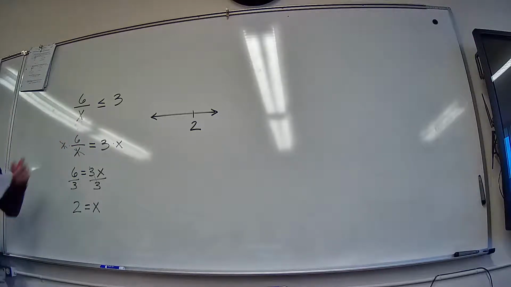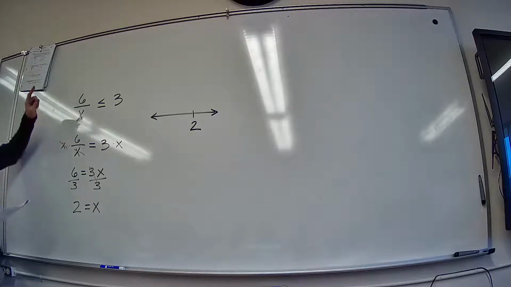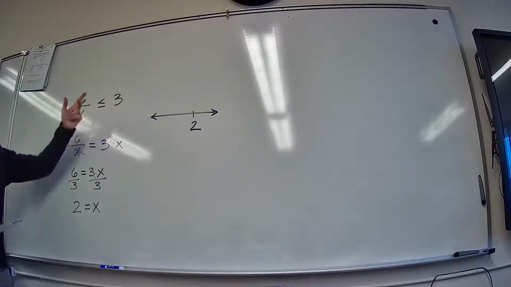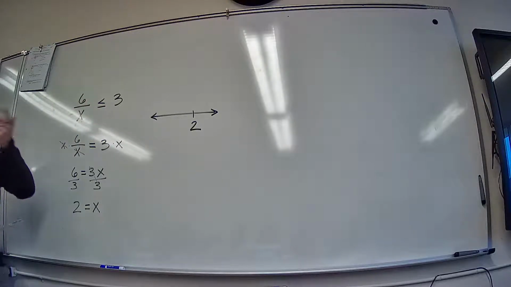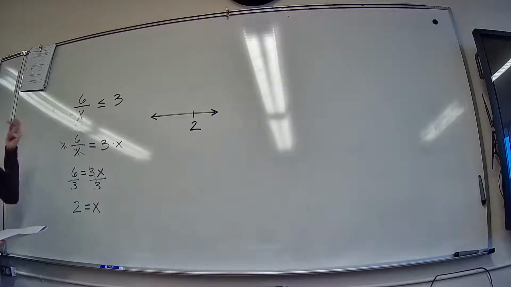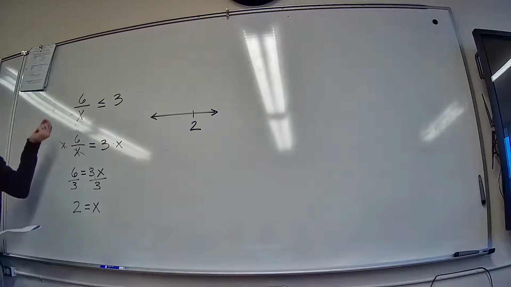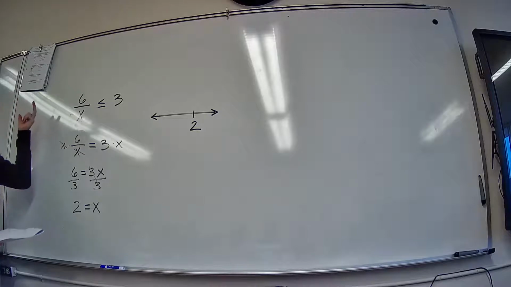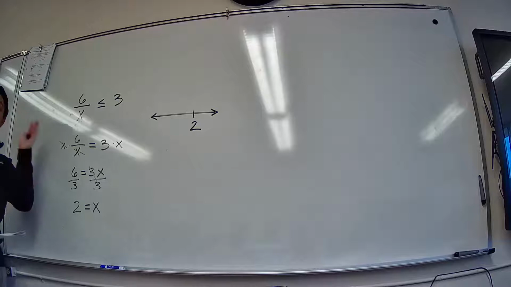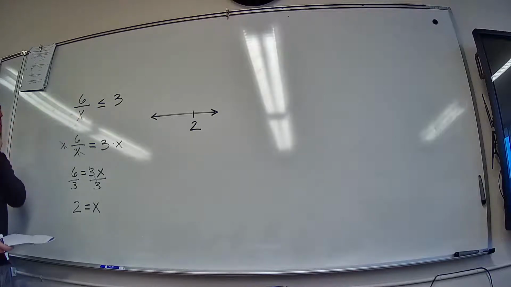0 is important because this question is asking for what x values this quantity is less than or equal to 3. I shouldn't say smaller, sorry, because if x was a tiny negative number, you'd have a huge negative value, and I don't think huge negative numbers are small, but all negatives are less than 3.